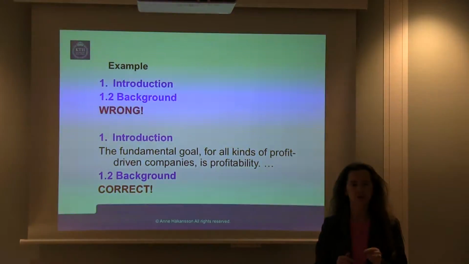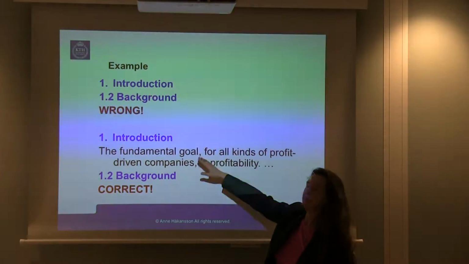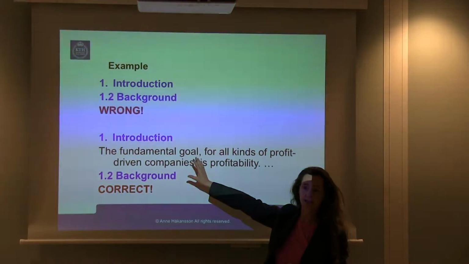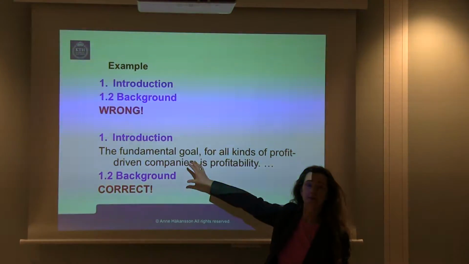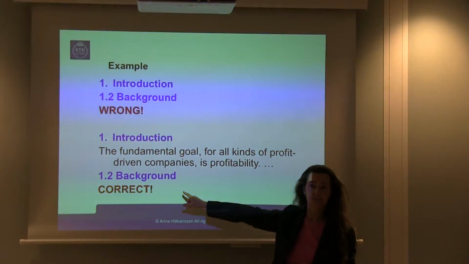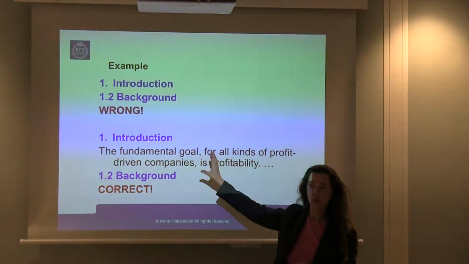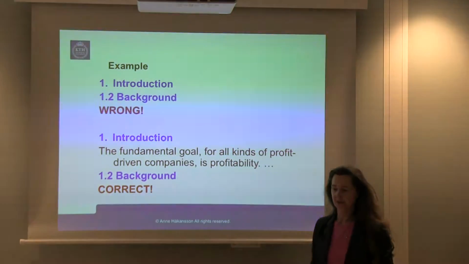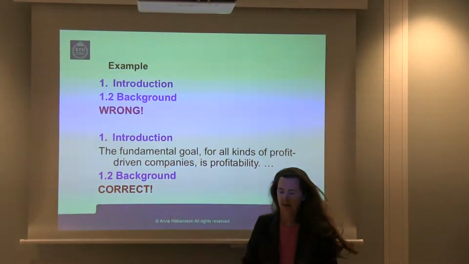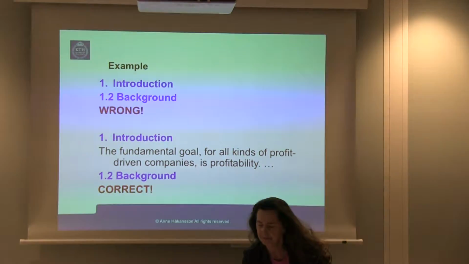And that's wrong. You should always have something in between. So you always introduce the area underneath the introduction title. So the general description should be there, and then you come to the background. So always, always, always do that. So don't put titles under subtitles, okay?